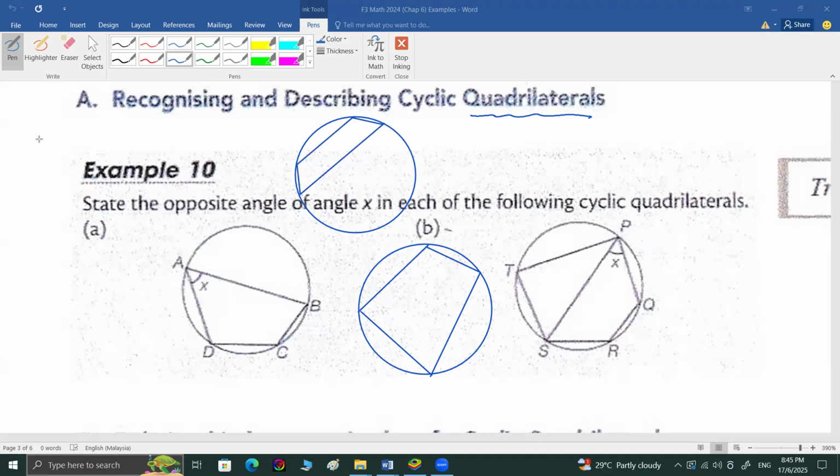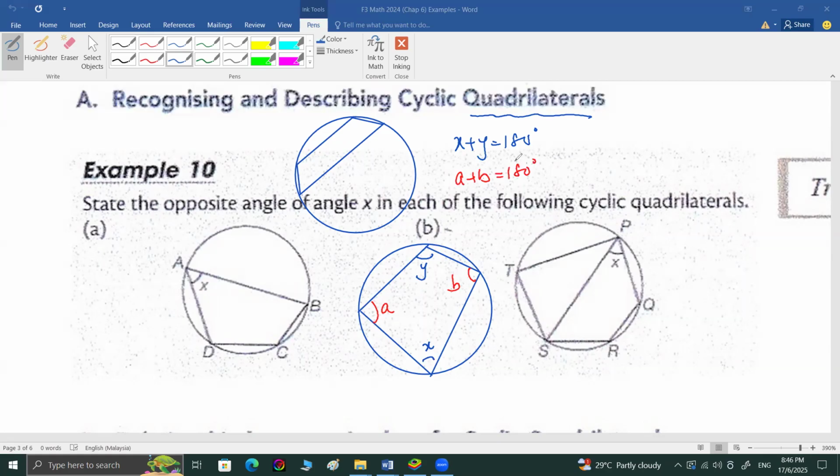Okay, so the formula is opposite angles. This opposite angle will make 180 degrees. Even here, if I put A plus B here, they will make 180.